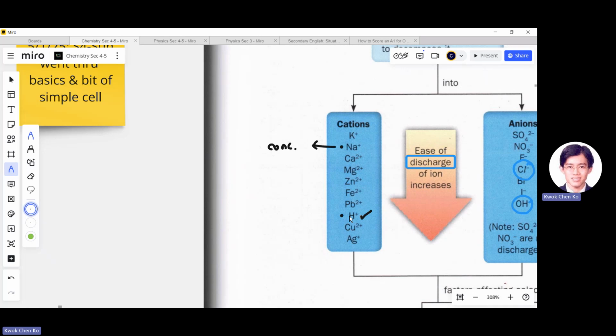So the tendency for H plus is still greater despite the more concentrated Na plus. Of course, if you go further up, like A level or polytechnic or university, they actually have equations for calculating this. But for now, that's all you need to know. And right, let's go on.